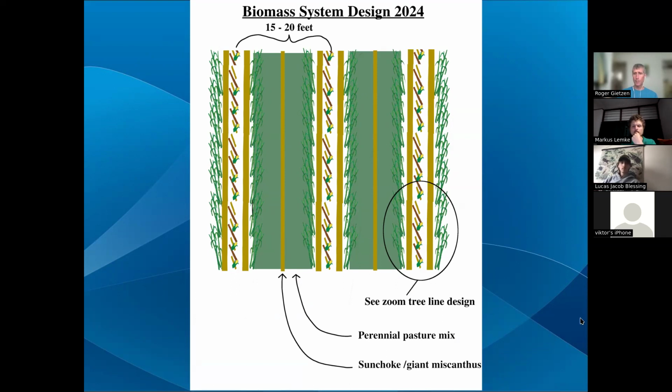In a system I planted here in Michigan, I used a green cover crop, a perennial pasture mix. And then I even have a little mini tree line here where I plant biomass plants that grow tall and produce a lot of biomass. In this case, it was sunchoke and giant miscanthus. I'm trialing milkweed now, and mullein and other things that grow easily around here.